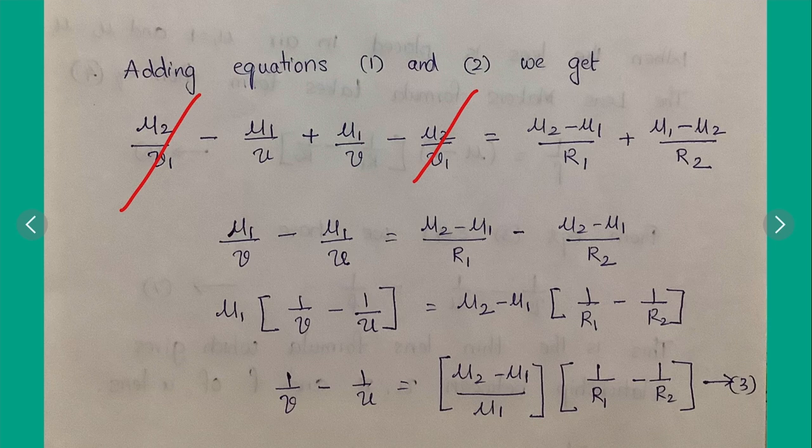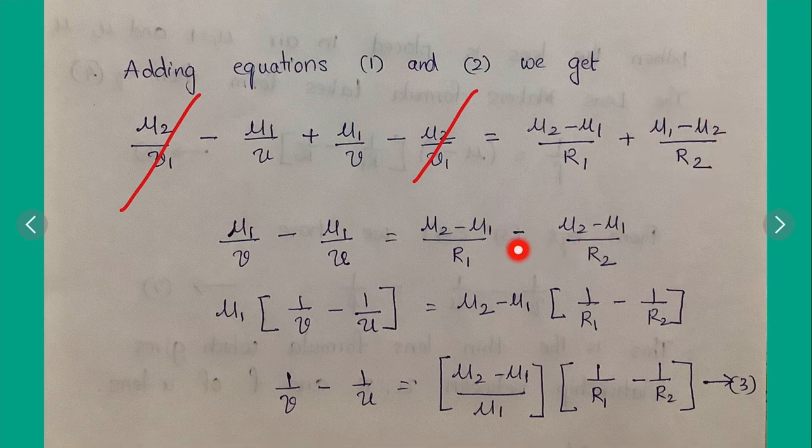So the remaining is μ1/V − μ1/U = (μ2 − μ1)/R1 plus, if you observe, (μ1 − μ2). I am writing μ2 first, therefore I am taking a minus symbol in front: −(μ2 − μ1)/R2. Actually this is a plus (μ1 − μ2)/R2, but I am taking μ2 − μ1.